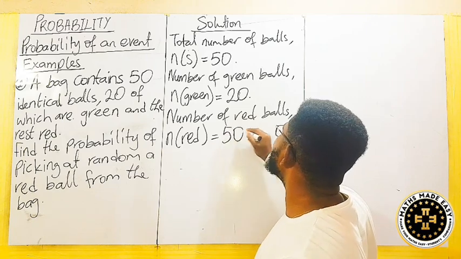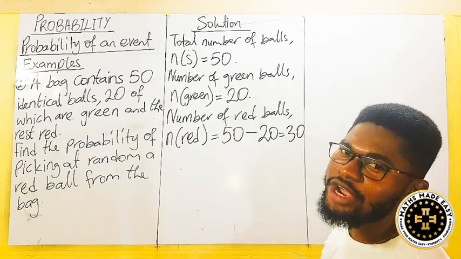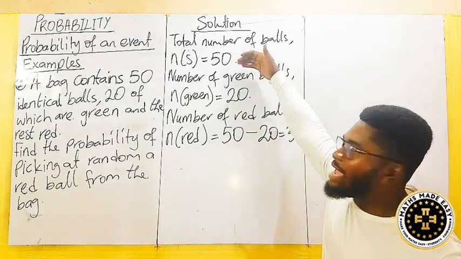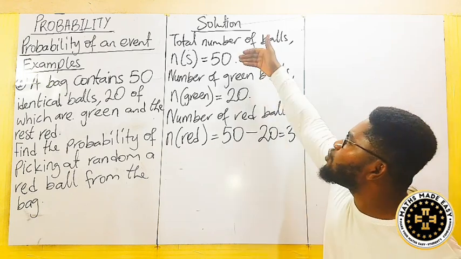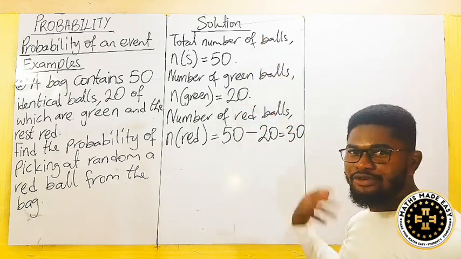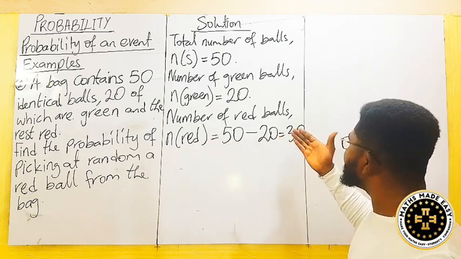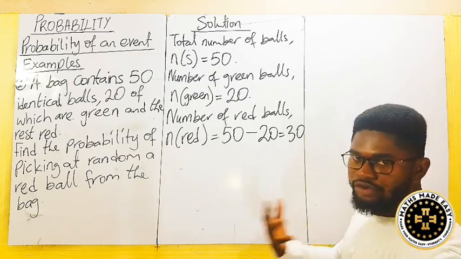So it will be 50 minus the green, which will then give us 30. So the number of red balls is 30, because the total is 50 and we know part of it, which is green, as 20. So when we subtract the 20 from the 50 as total, we should get the rest, and the rest is our red. So red will be 50 minus 20, which is 30. So put down that particular calculation so that you can remember.